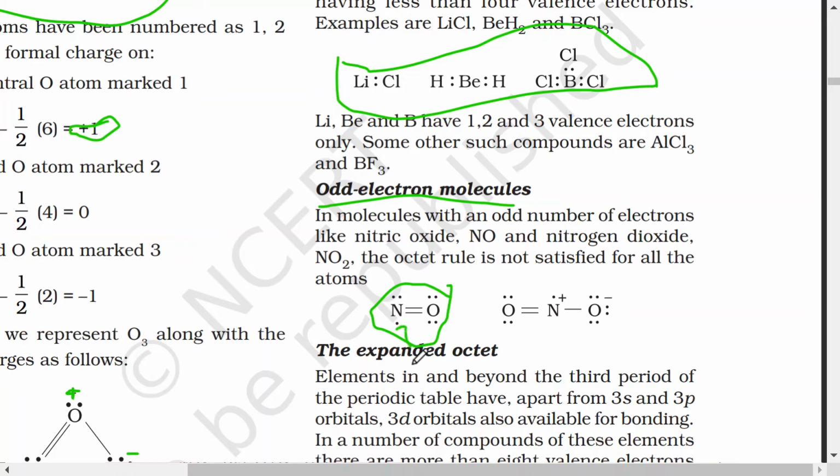Right? 7. It is less than 8. How many does oxygen have? 1, 2, 3, 4. Oxygen is satisfied, but nitrogen is not satisfied. Right? Nitrogen has 5 valence electrons. Since these are odd electron molecules, they sometimes don't get stability. It's not compulsory all the time.